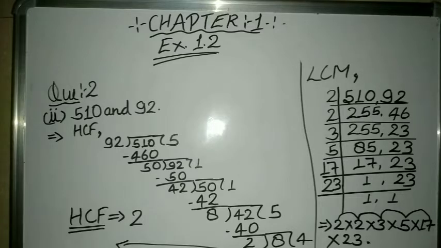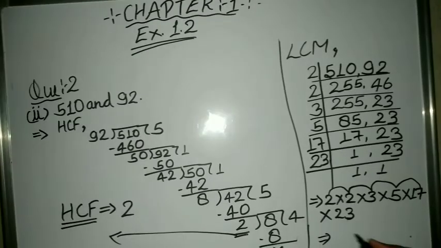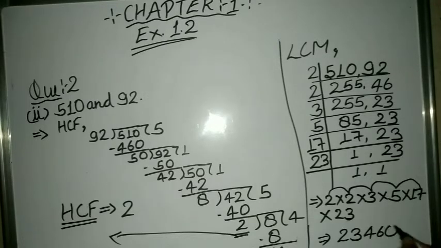After that, 1020 multiplied by 23, our answer becomes 23,460. So this is the LCM of this question.